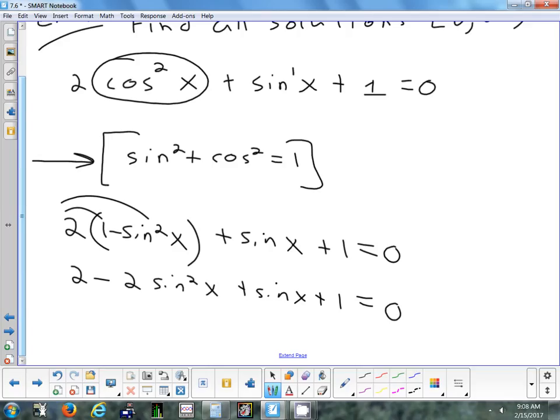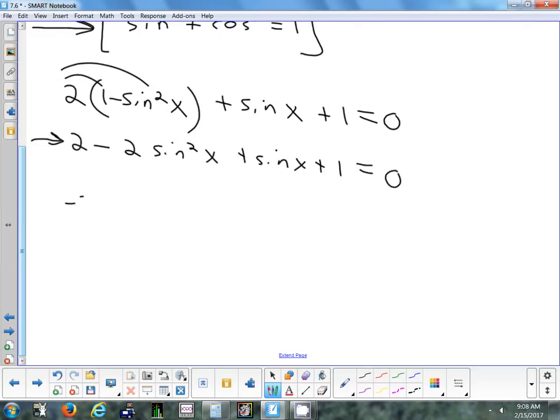Just minus 2 sine squared x. And now you do have some like terms you can combine here. What can you combine at this step? You have a positive 2 and a positive 1. So we have negative 2 sine squared x plus sine x. And what's 2 plus 1? 3.